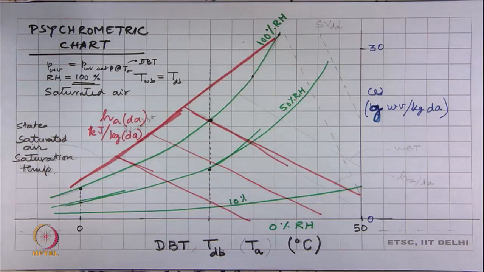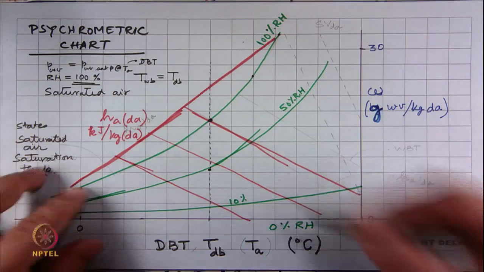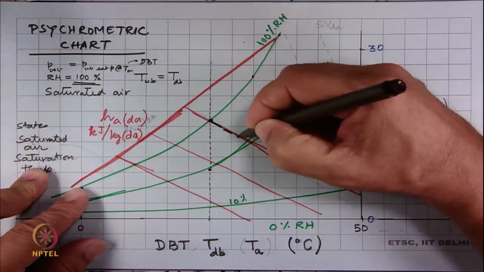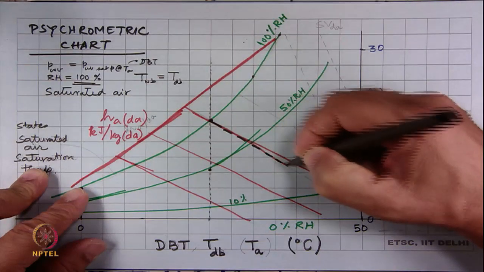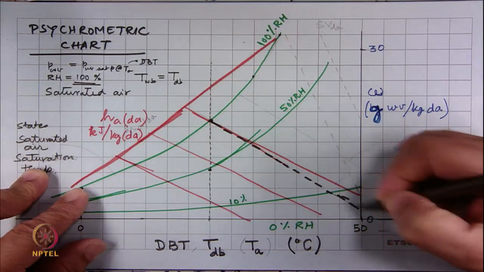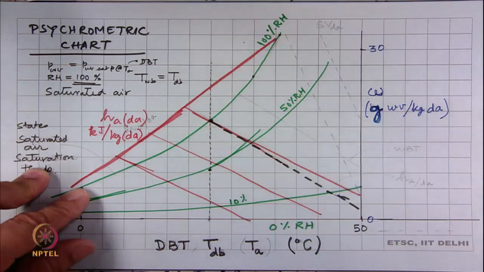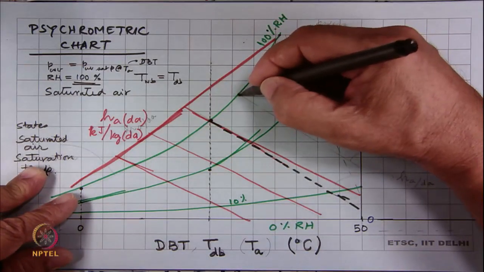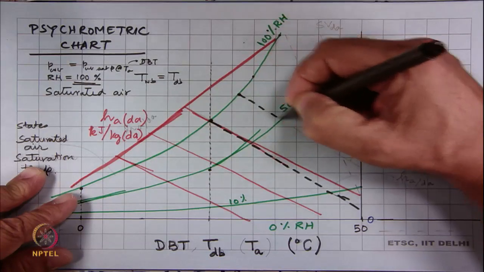that lines of constant wet bulb temperature would be lines which are going like this. They start from here and they would be going like that. Like that there will be many more lines over there. They all start here and these lines continue like that.